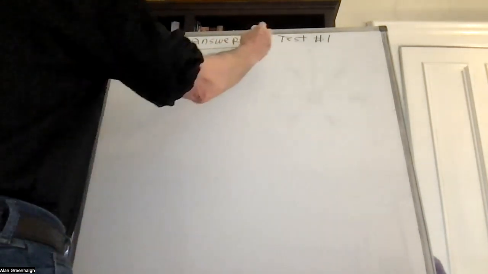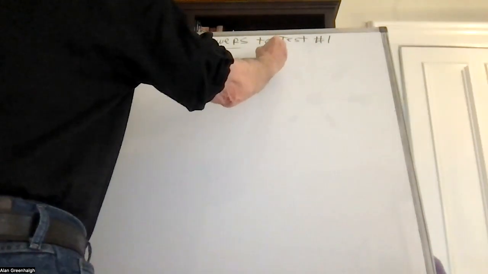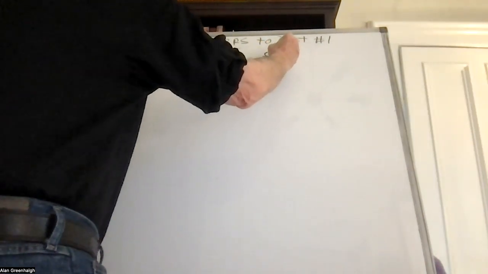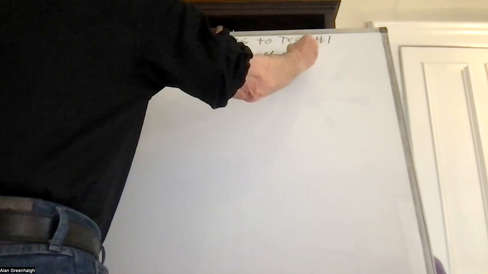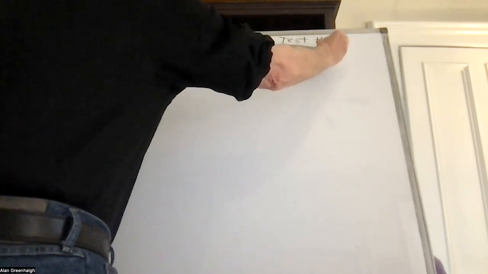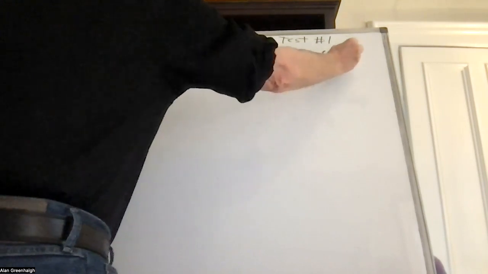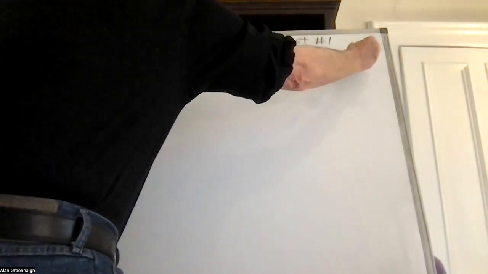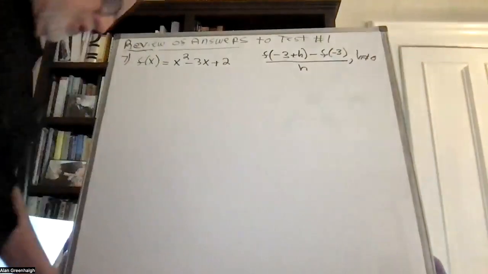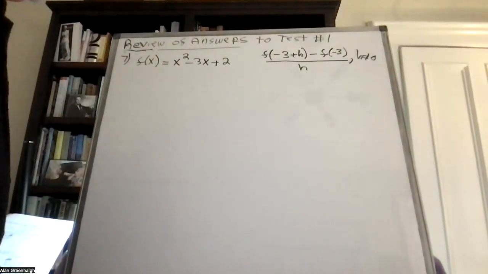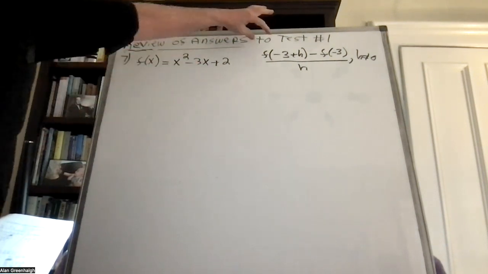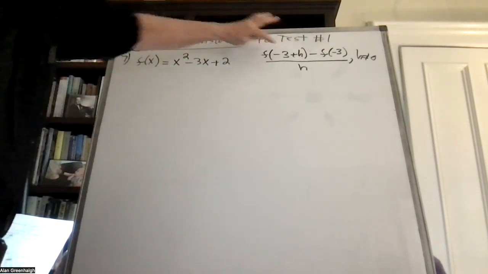Now here is the difference quotient, f of -3 plus h minus f of -3 divided by h, where h is not, of course, equal to 0, because you can't have a 0 in the denominator. So the first thing you want to do is evaluate this.